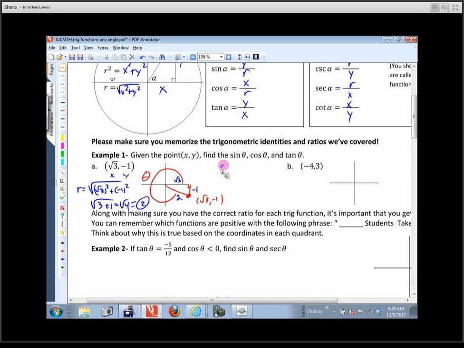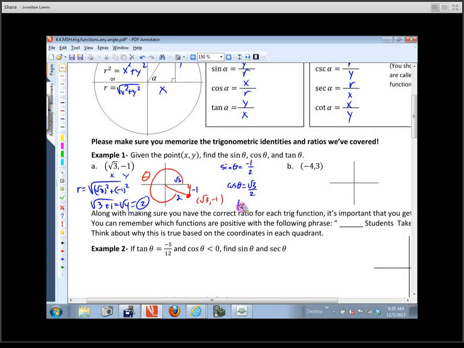So that means the sine of that angle is going to be the y-coordinate, negative 1, over the radius of 2. The cosine for that particular point is going to be the x-coordinate, radical 3, over the radius, which is 2.